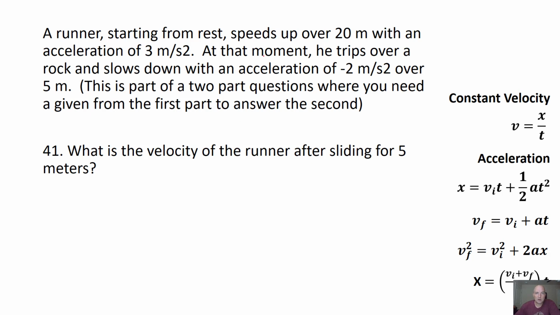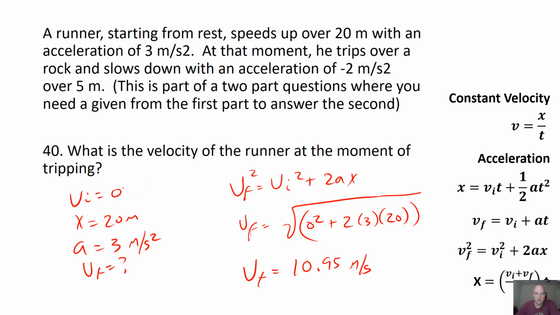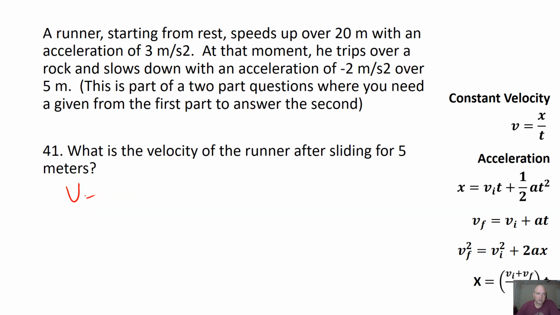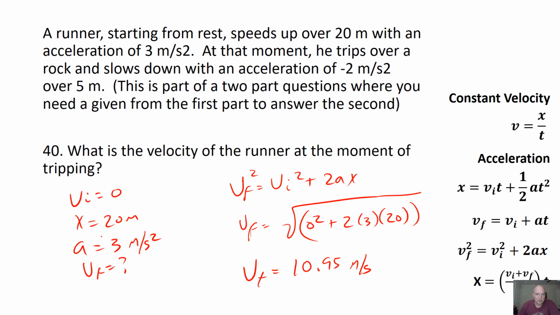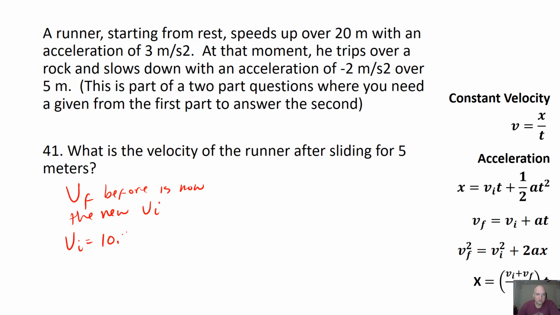Now the second part of this question actually starts you off at the end of the previous one. So the VF from before is now the new VI, because the second part starts there, so VI equals 10.95 meters per second.